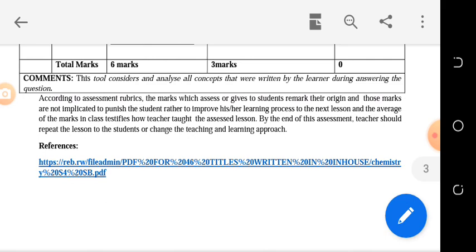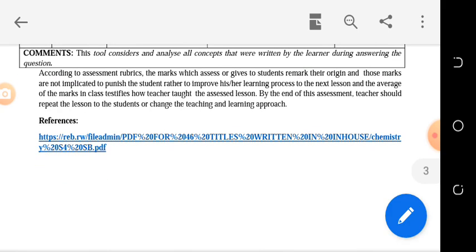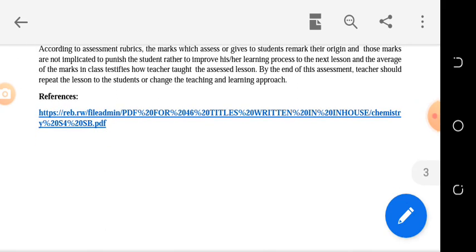And the average of the marks in class testifies how the teacher taught the assessed lesson. By the end of the assessment, the teacher should repeat the lesson to the students or change the teaching or learning approach.